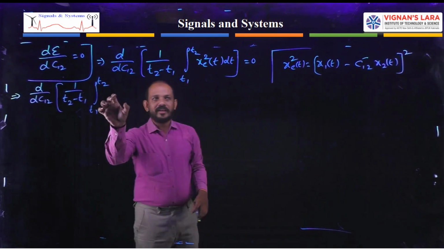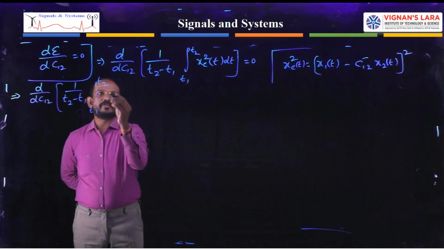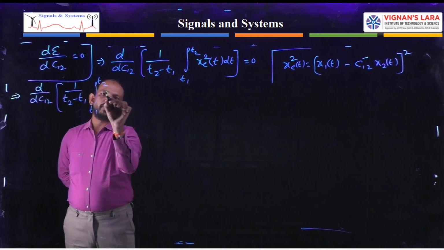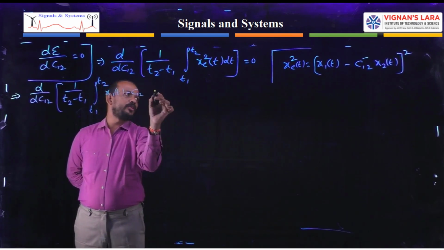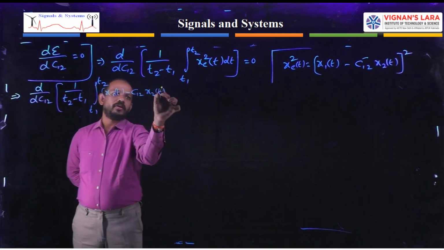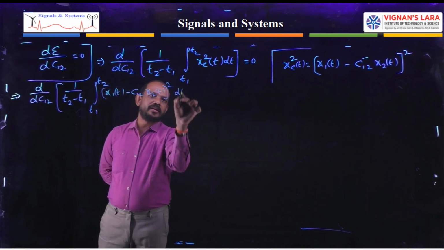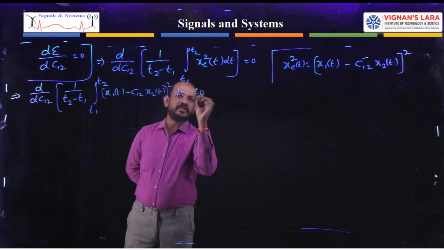So substitute that value in this place: (x1 of t minus C12 x2 of t) whole square dt, that will be equal to 0.